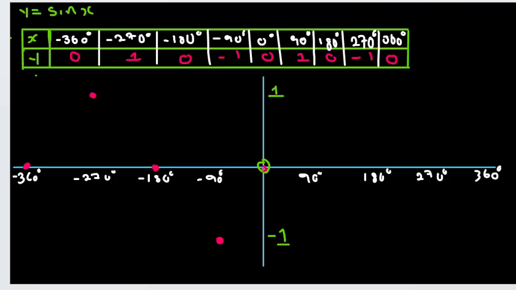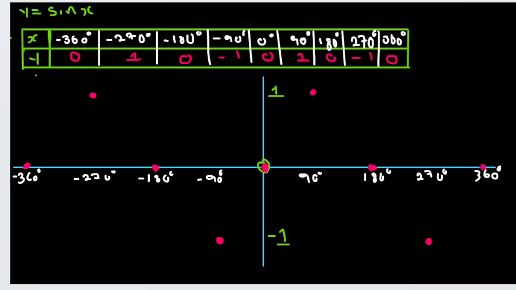At 0 degrees we are at 0, and at 90 we come back here. At 360 degrees we come back to 0. Then we go down here, and then we go back to 0, because that is where the graph started. It is called a period.